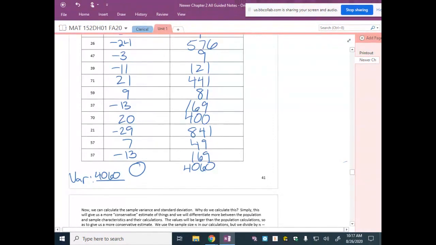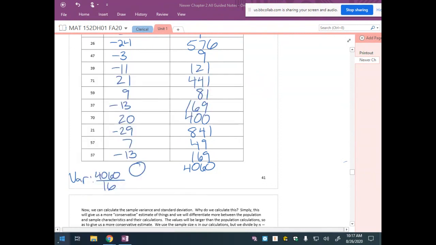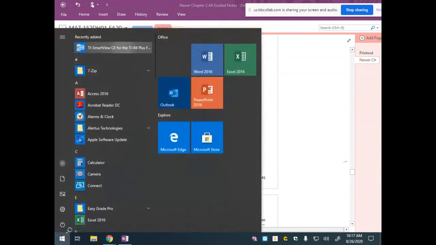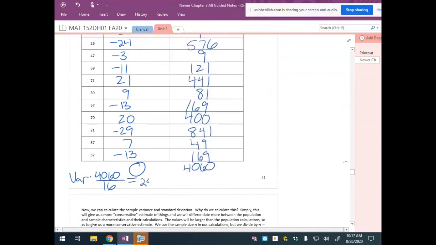Why is it 16 this time and not 10 like the previous example? 16 pieces of data. That's right. So if I do 4,060 divided by 16, this is going to be 253.75.